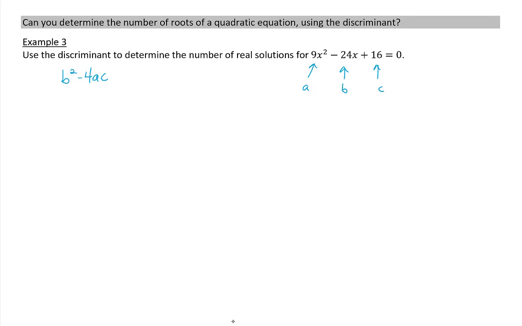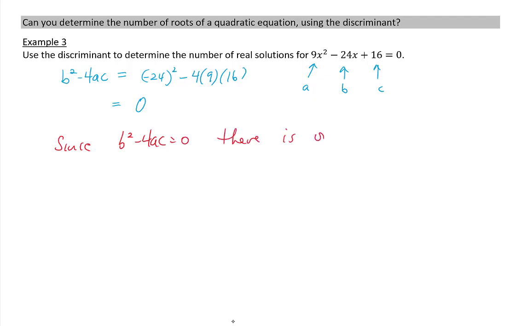So b squared minus 4ac is going to equal negative 24 squared minus 4 times 9 times 16. You type that into your calculator, you'll get b squared minus 4ac equals 0. And you should recall that since b squared minus 4ac equals 0, there is only one solution or root for this equation.